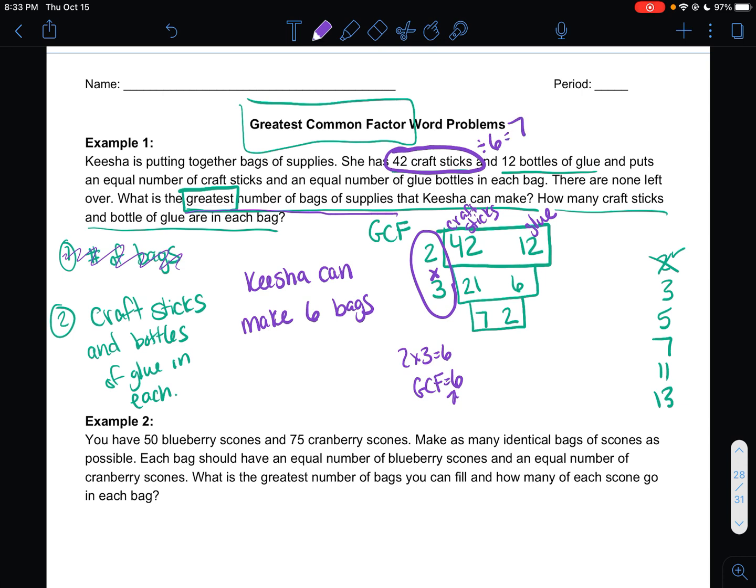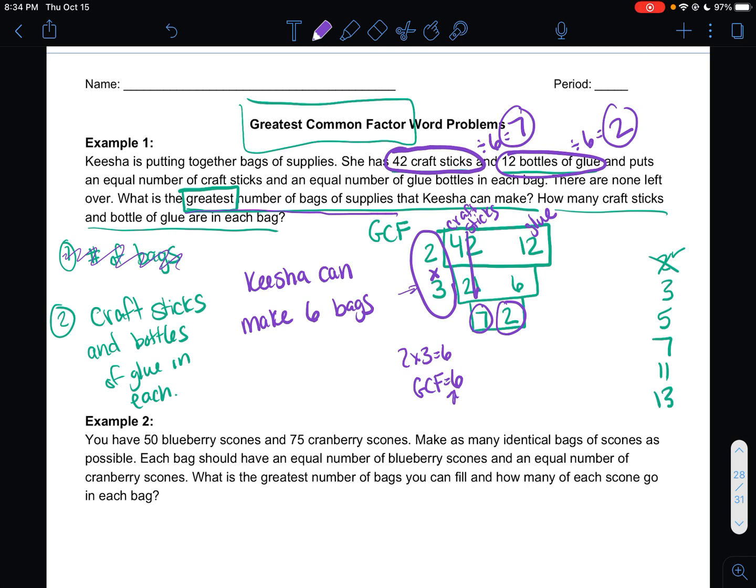And same thing for my bottles of glue. If I have 12 bottles of glue and I'm putting them into 6 bags, I would take the 12 and divide it into 6. 12 divided by 6 is 2. 7 and 2 are actually in your cake. So your cake is dividing by the greatest common factor for you already. So it actually kind of gives you the numbers.